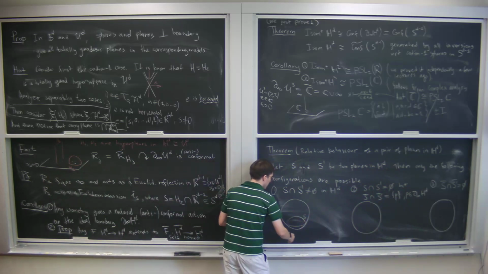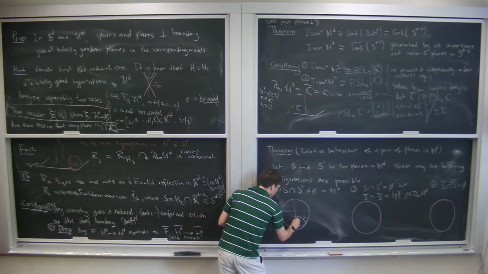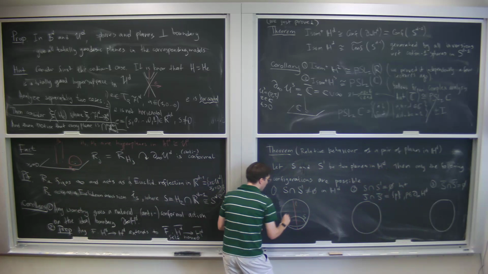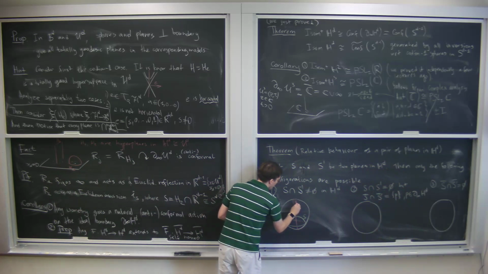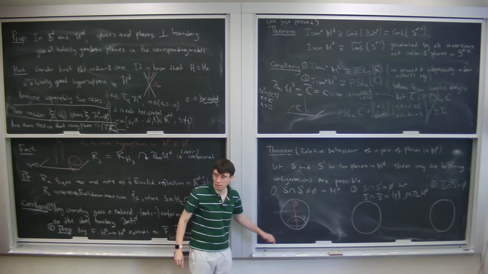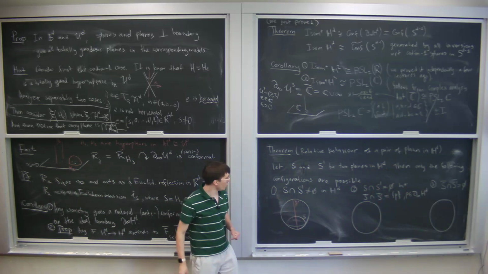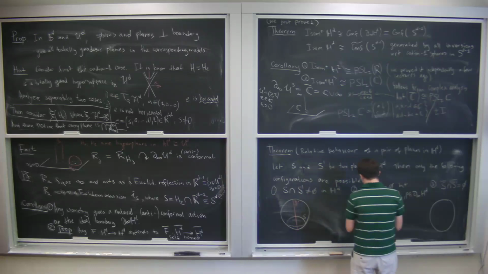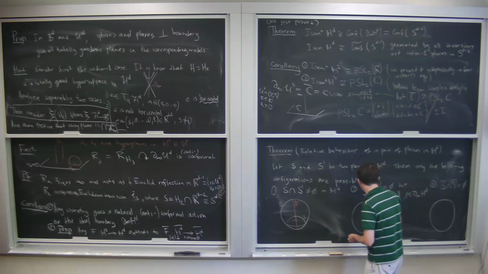It's a sphere, and this one is a line. So it is S prime. S prime is a geodesic. This is a geodesic plane. They intersect.